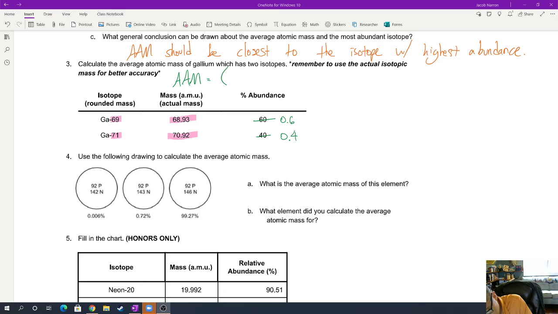But I'm going to use the more precise value of 68.93 AMU. And then the other one is 0.4, and that is the abundance for the 70.92 AMU value. Let's let OneNote catch up really quick while I calculate this.